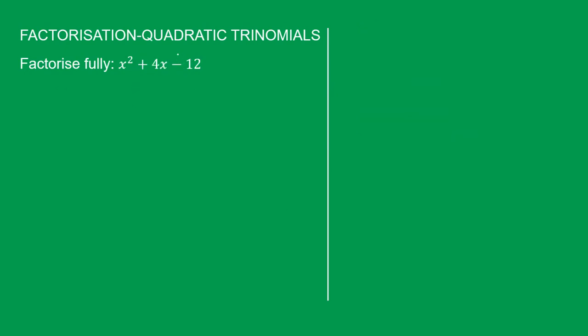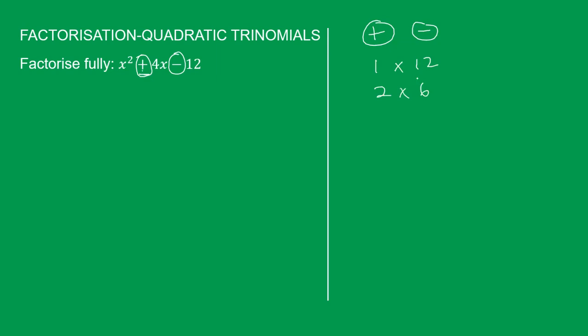In this one, the sign means that one factor is positive, the other factor is negative. And then this one shows us that the bigger factor is the one which is positive. So let's write 12. We have 1 times 12. Okay, 2 times 6.